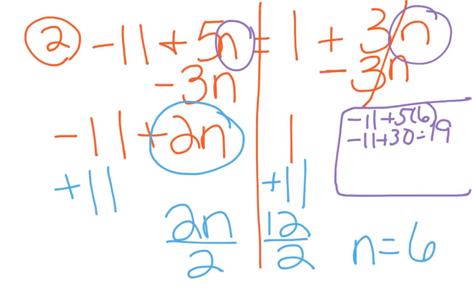Now I'm going to do it on this side. 1 plus 3 times 6 is 1 plus 18, and that also is 19. Again, if my left side and right side do not end up with the same value, they're not balanced, and my answer is incorrect. So the answer to this one is n equals 6.